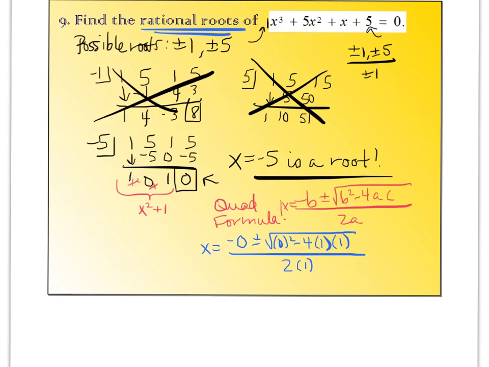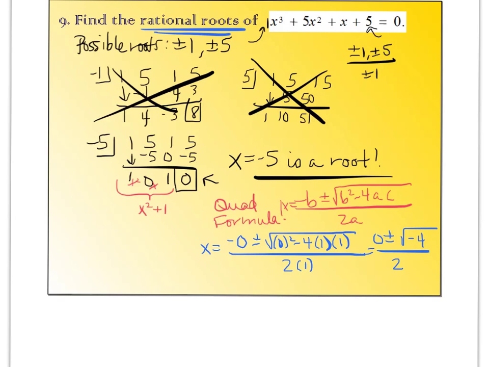The first thing we're going to do is put this into our calculator. That's our discriminant. Our discriminant's really easy to calculate. We just put parentheses 0, parentheses squared, minus 4, parentheses 1, parentheses, parentheses 1, parentheses. When we put that into our calculator, we get 0 plus or minus the square root of negative 4 over 2. Well, if I have a negative underneath the radical, I know I have to take out an i.